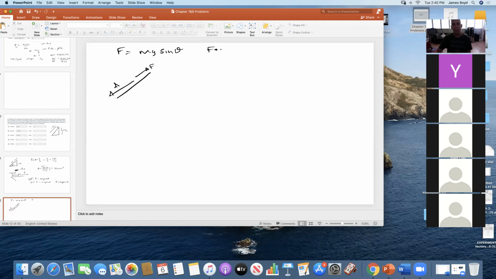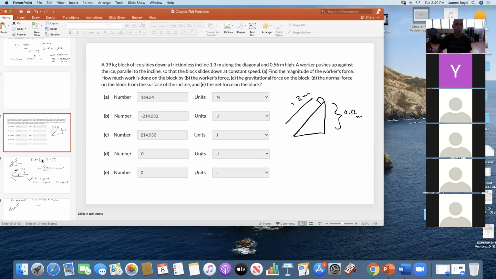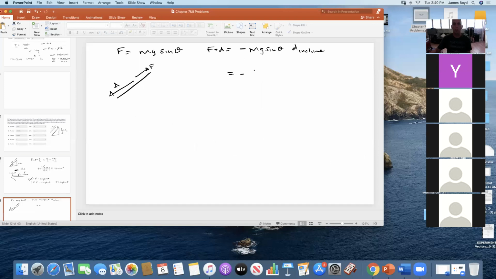So F dot D, the angle between F and D is 180 degrees. This is negative, so the work has to be negative: negative mg sine theta times D on the incline, which is negative whatever they gave us, 39 times 9.8 times sine of 25.2, times d along the incline.